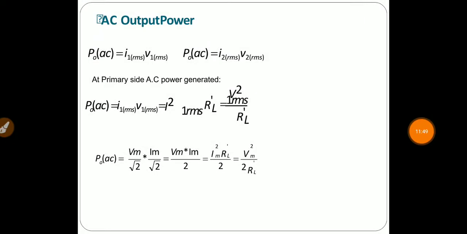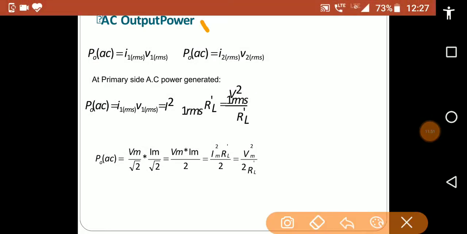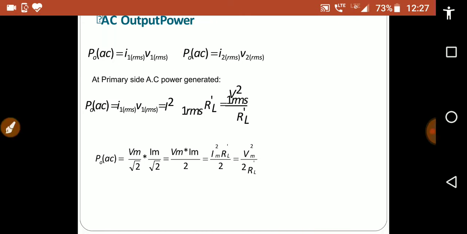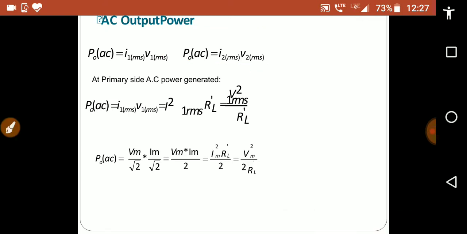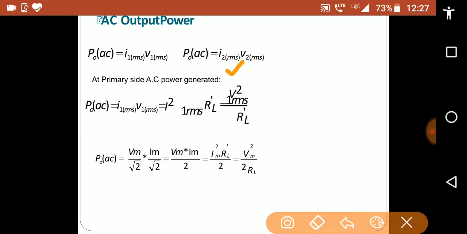So let us calculate the AC output power. Output power POAC equal to V1 RMS into I1 RMS, or POAC is also equal to I2 RMS into V2 RMS. So at the primary side AC power is generated.